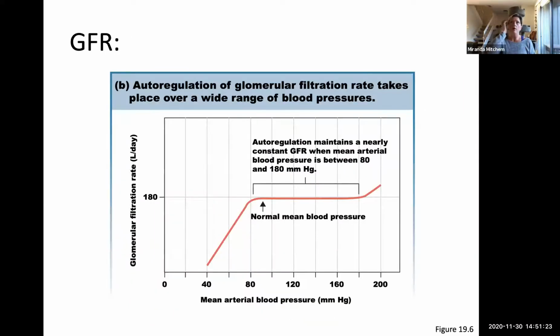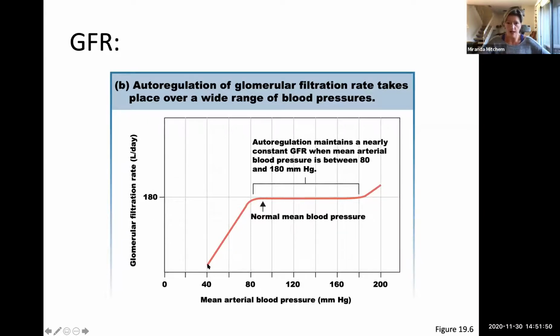Okay, now our body is actually really good at dealing with quite a large range of pressure changes in the kidney. And this helps to prevent damage. So take a look at this. We've got a graph here showing the arterial pressure along the x-axis versus the glomerular filtration rate along the y-axis.